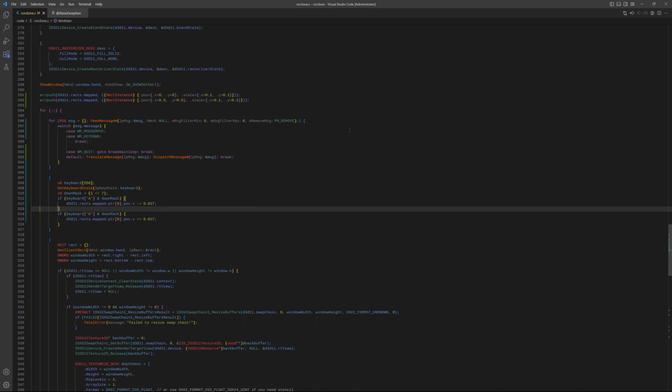And also, we need a coordinate system, because right now everything's being moved around directly in clip space, which is not what we want.